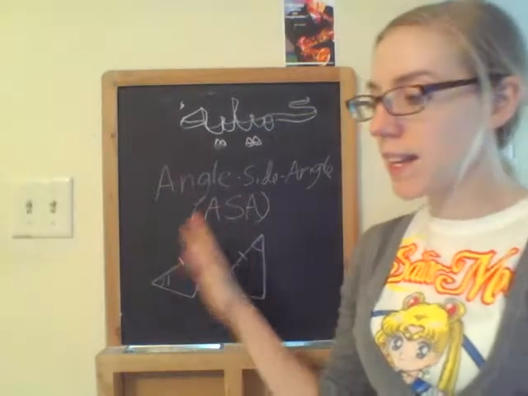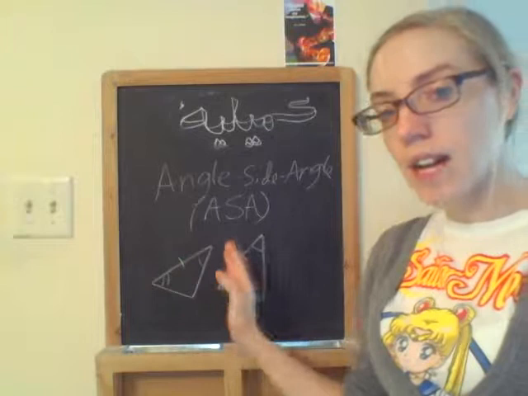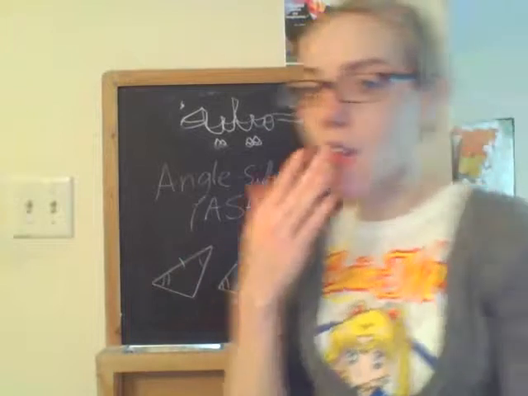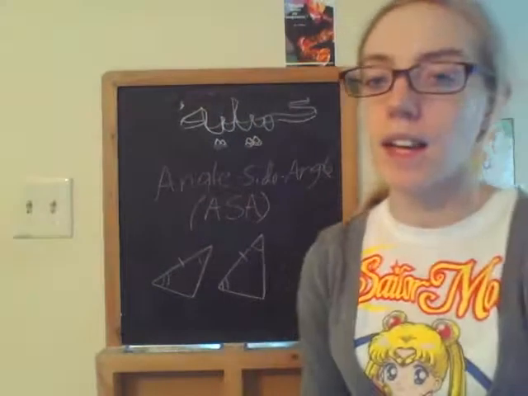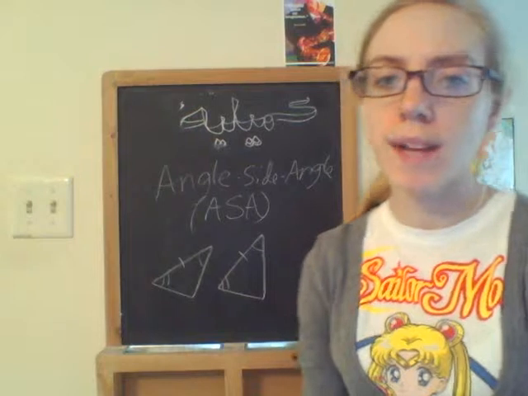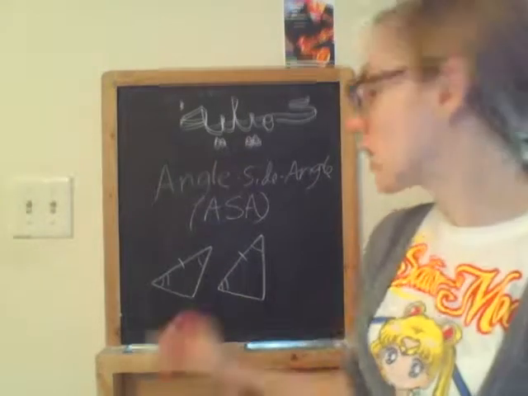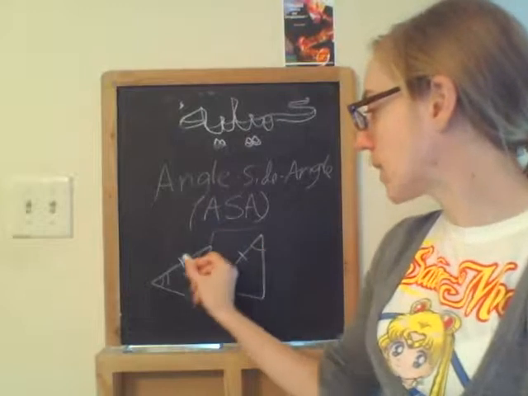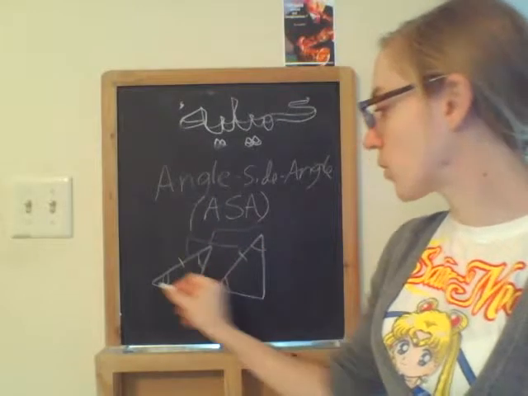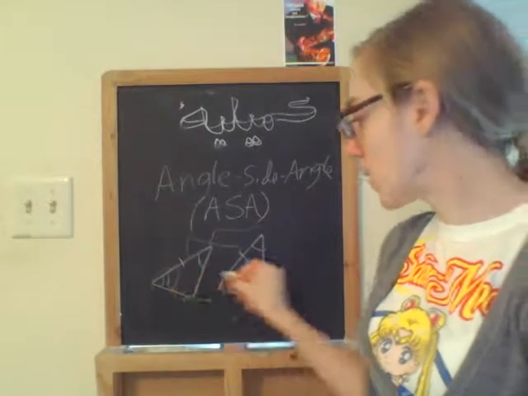And then we also had the side angle side. Now this property here is inverted, and instead of a side angle side, we now have angle side angle. So we have an angle and an angle that are congruent, a side that is congruent, and another angle that's congruent.